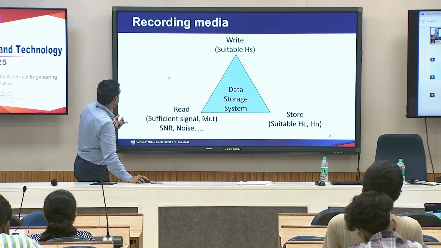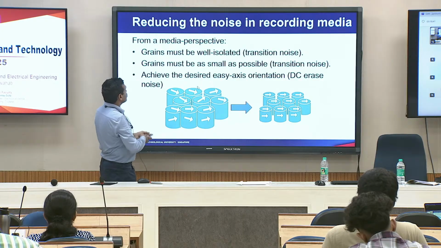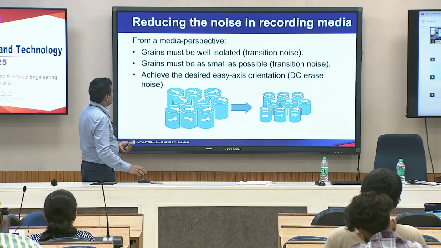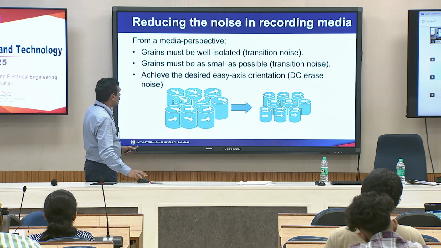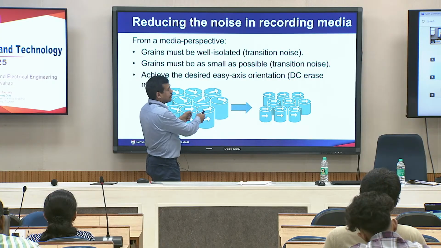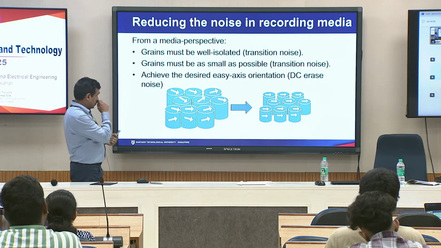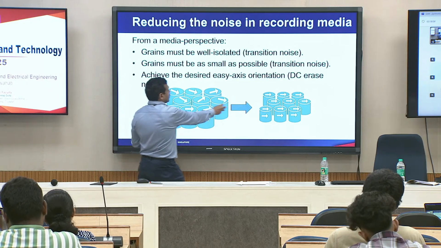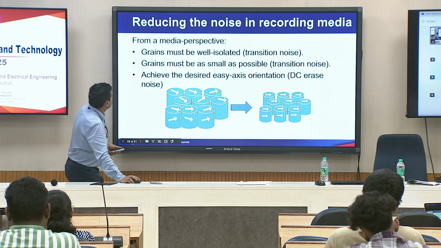When you want to make recording media better and better for high densities, basically what we do is we make the grains that store the information smaller and smaller. So, you see the diameter is getting reduced, the height is getting reduced and so on.